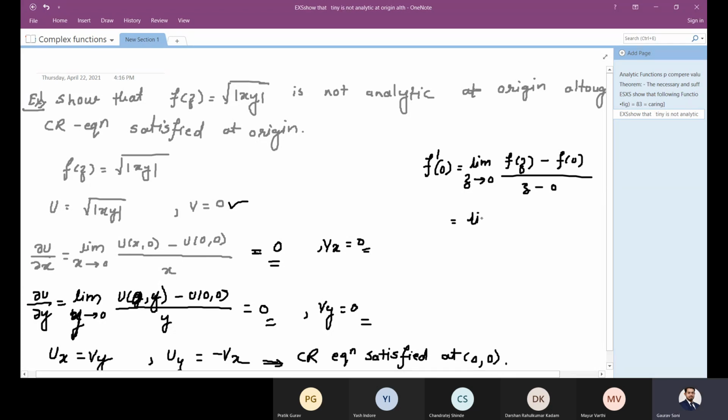This is equal to the limit as z tends to 0 of under root of mod of xy. What is f of 0? It is 0, upon z, which is nothing but x plus iy.